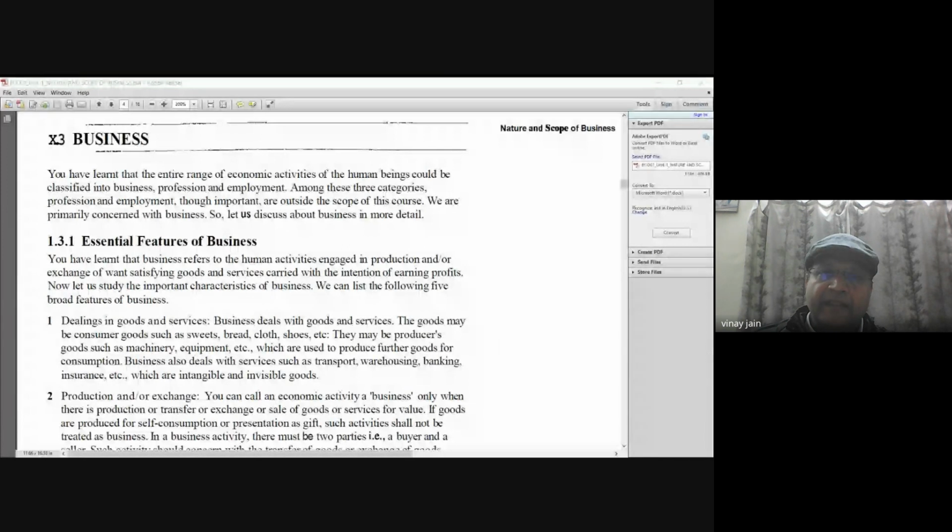In the introductory part, when I was sharing the index, I already told you that even after getting professional knowledge of a doctor, engineer, lawyer or chartered accountant, you can be an employee in a company, and you will be getting salary, not consultation fees.